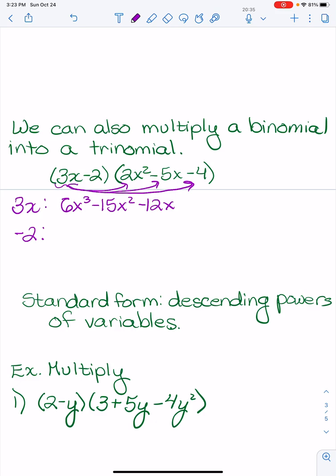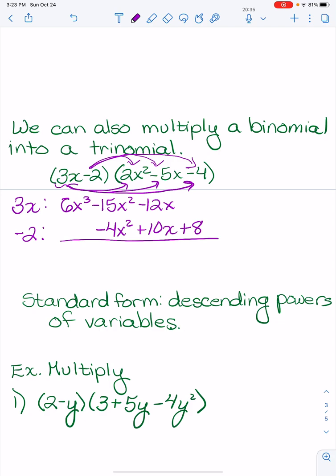So watch this. -2 times 2x squared is -4x squared. So I'm going to put it under the x squared term from the first distribution. -2 times negative 5x is plus 10x. Negative 2 times negative 4 is positive 8.